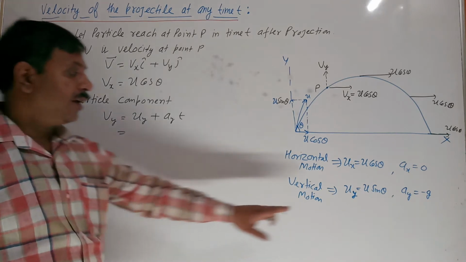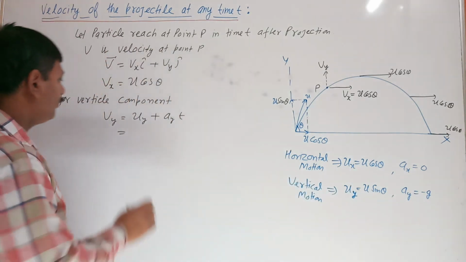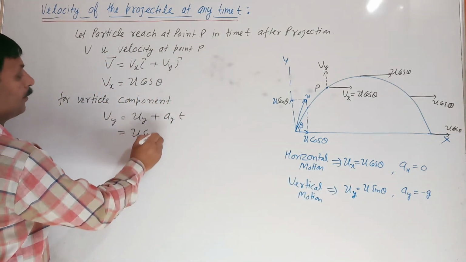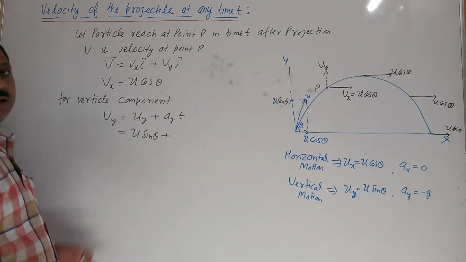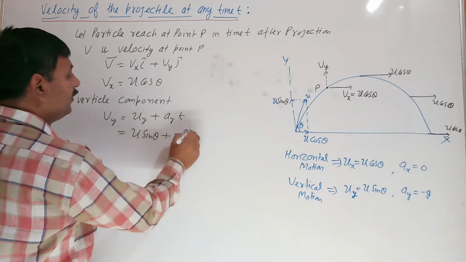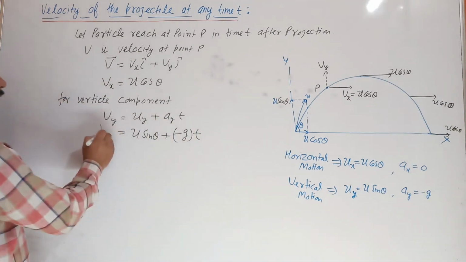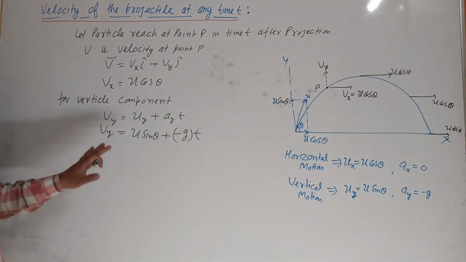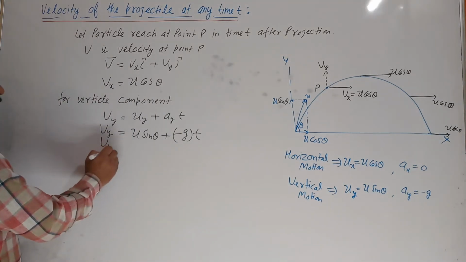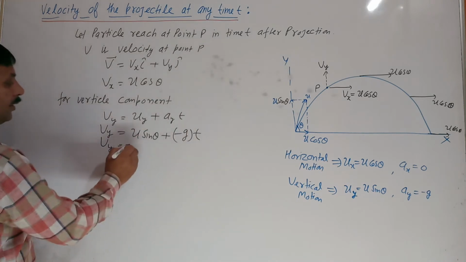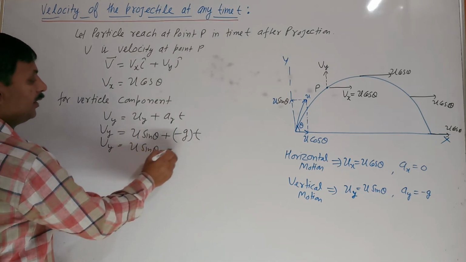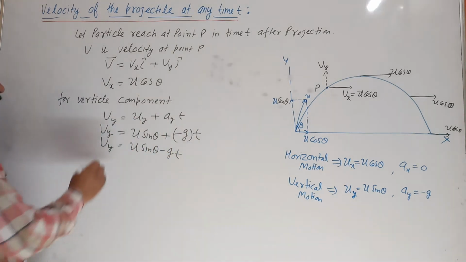What is the initial velocity? uy is equal to u sin theta, and the acceleration ay is minus g. You can see here, Vy is equal to what? The vertical component at point P is u sin theta minus gt.